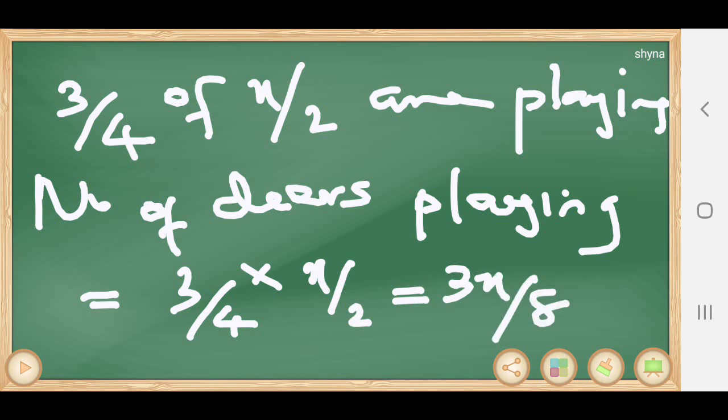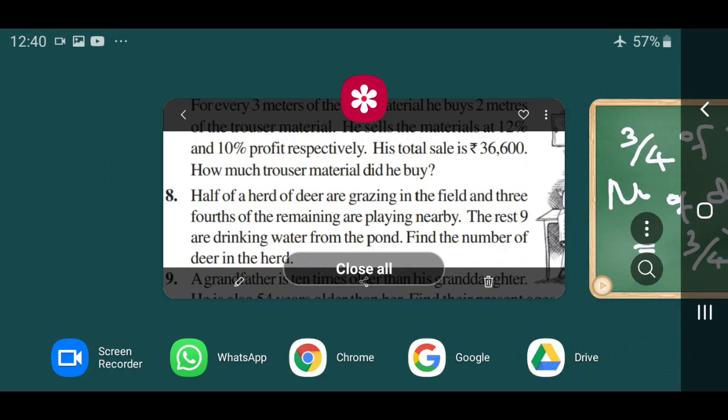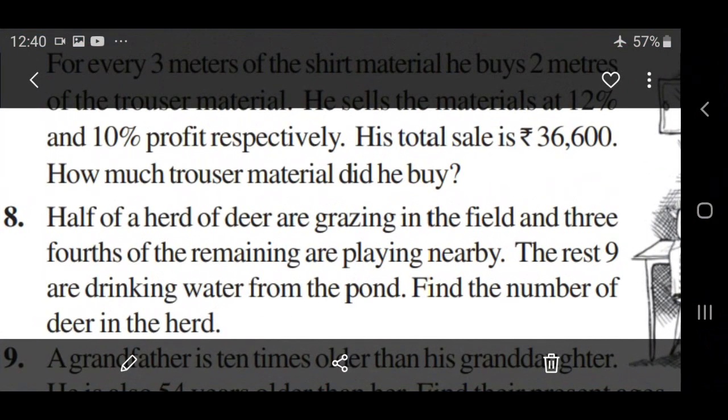Then what is the next? The rest 9 are drinking water from the pond. Find the number of deer in the herd.